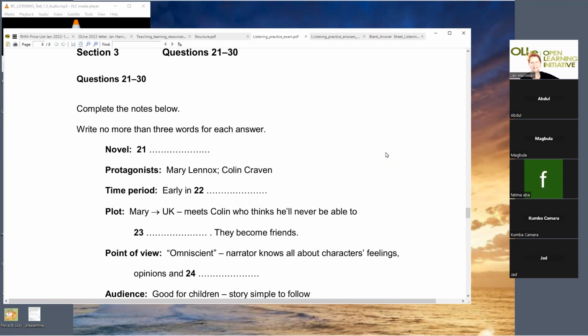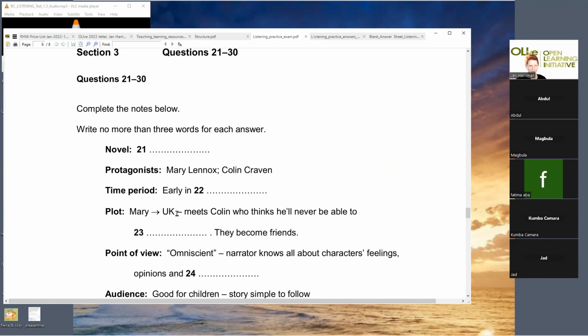So what is this likely to be? Month or year. Exactly. It's going to be a month, a year, a season, an epoch. Okay, good. So a general time.